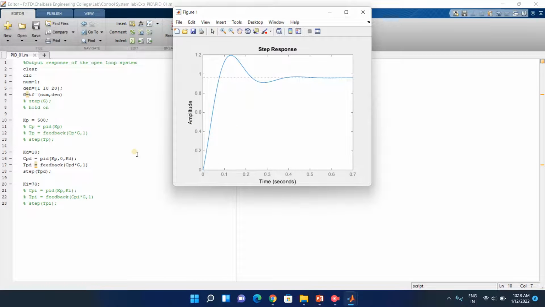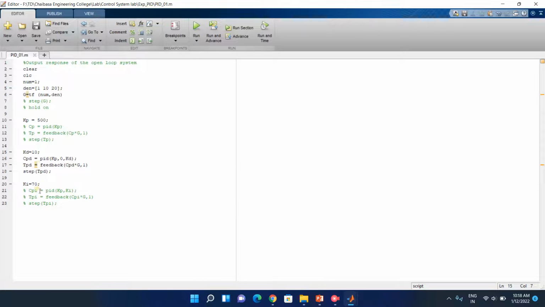We are keeping this. Now this is the PD controller, and we will compare this also. We will use hold on for all the cases, so hold on here also, here also.